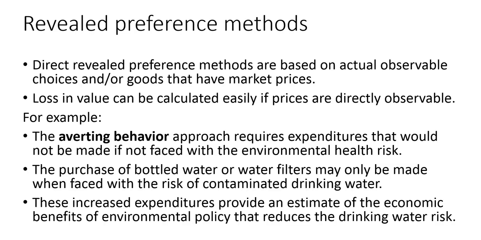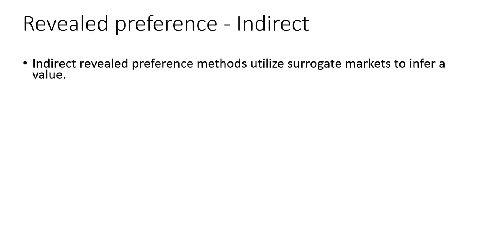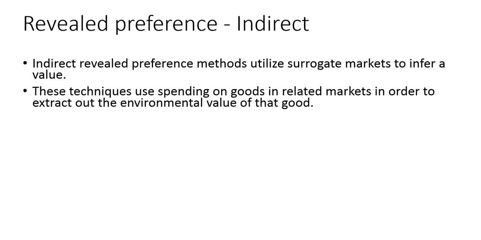And there's the word "indirect" that I left in my slide, but don't worry too much about that. Okay, this other type of revealed preference methods use markets that are related to the environment to infer a value, and that's where the term indirect comes from.